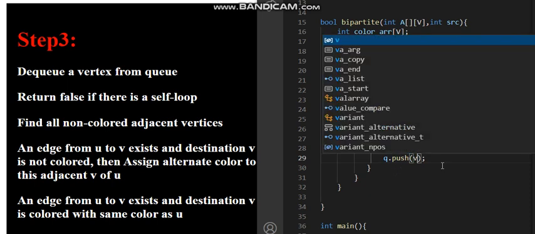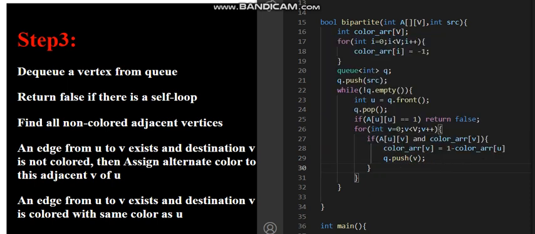Then the last step: if an edge from u to v exists and the destination v is colored with the same color as u, then we'll return false, right?